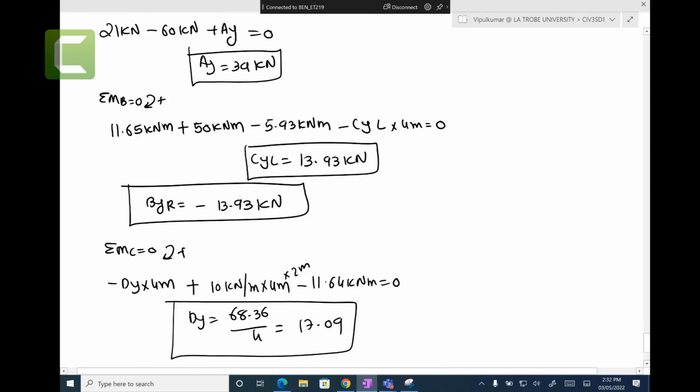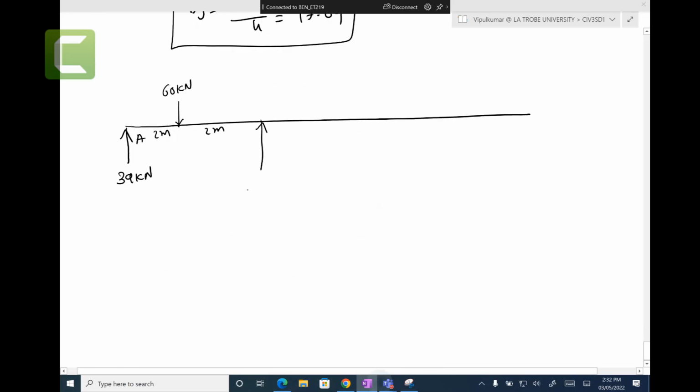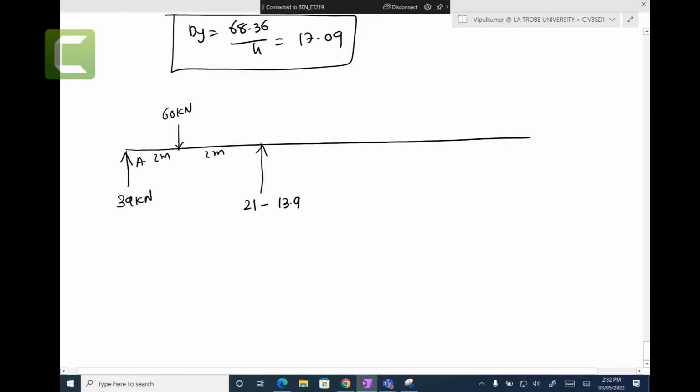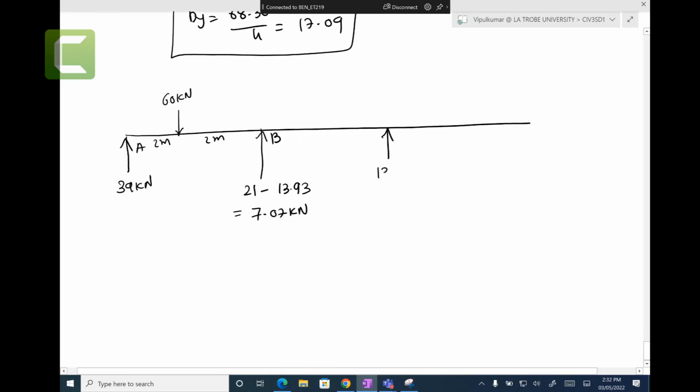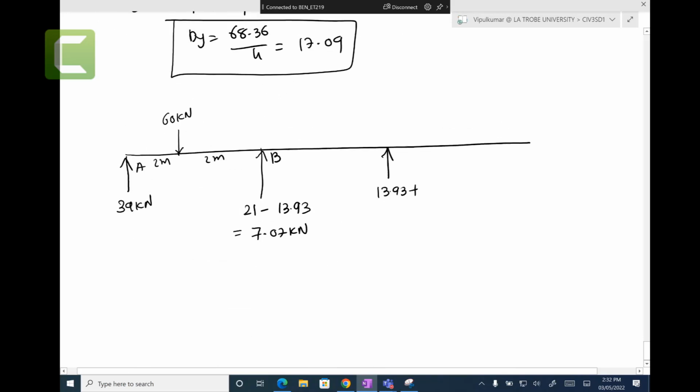BY left 21 and minus 13.93. 21 minus 13.93, you get 7.07 kilonewtons BY. CY, you get again two values: 13.93 plus CY right.